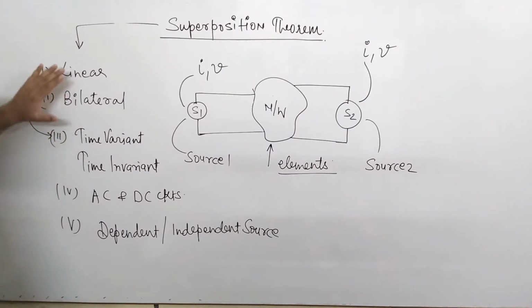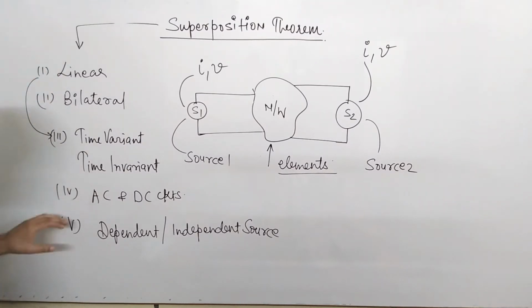These are the types of questions generally asked in competitive examinations. That's why I am giving bullet points: superposition theorem is applicable for linear, bilateral, time variant, time invariant, AC and DC circuits, dependent and independent sources. And what more?